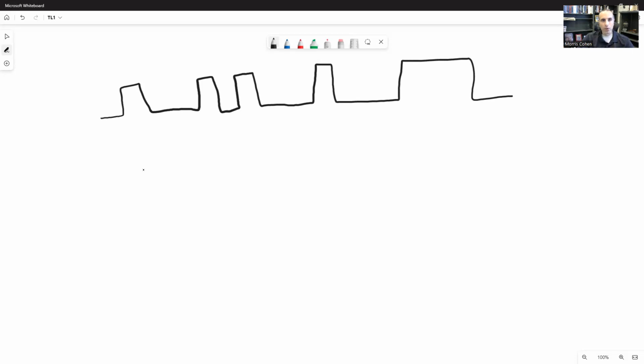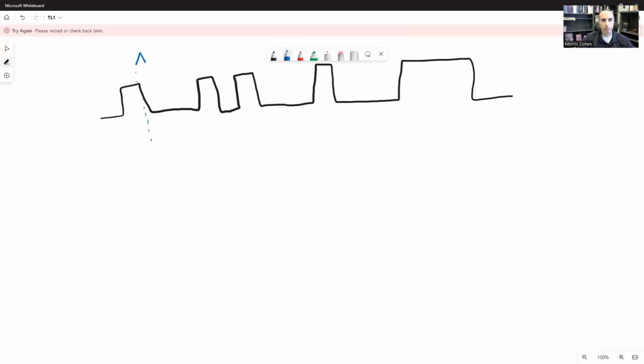Let's say I define this as point A, and I define this as point B. And I tell you that the voltage at point A is high, it's 5 volts. Then I ask you the question, what's the voltage at B?